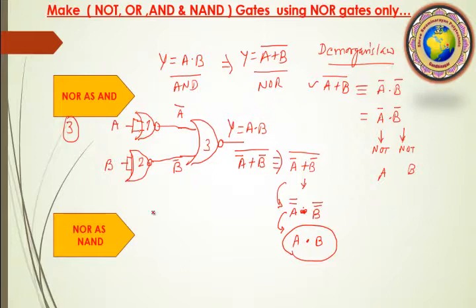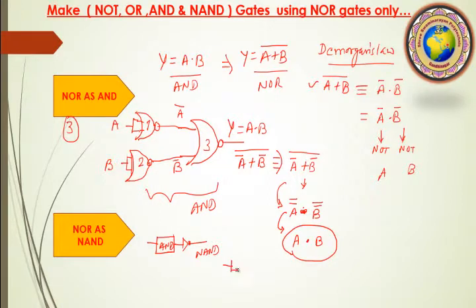Now we know that if we add one more gate to invert, here is the input and this is our AND gate, and when we invert it, it becomes a NAND gate. So we already have an AND gate using NOR.